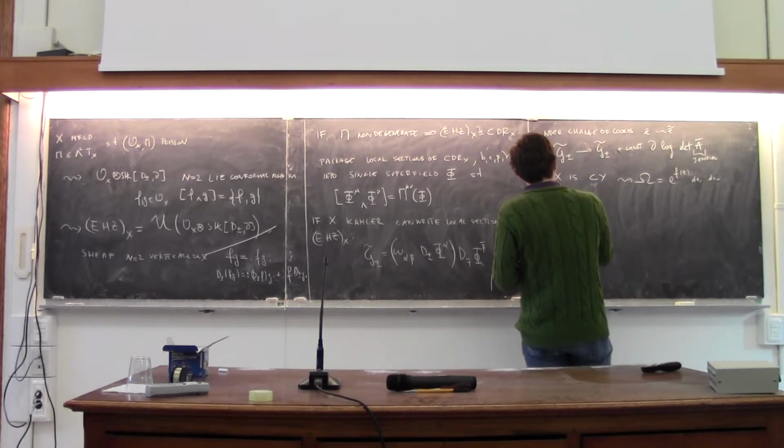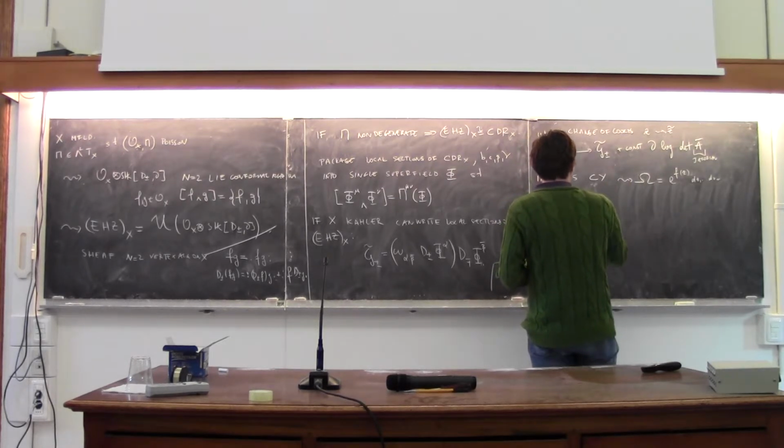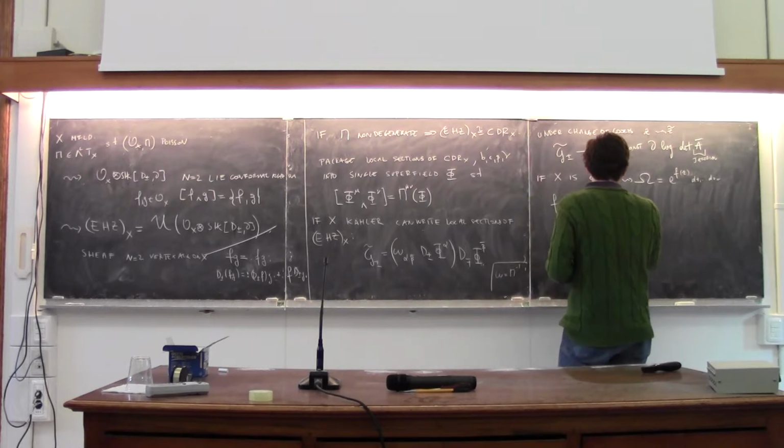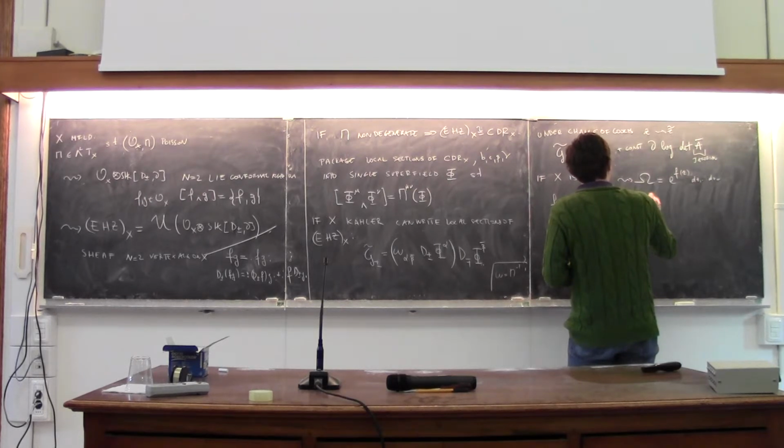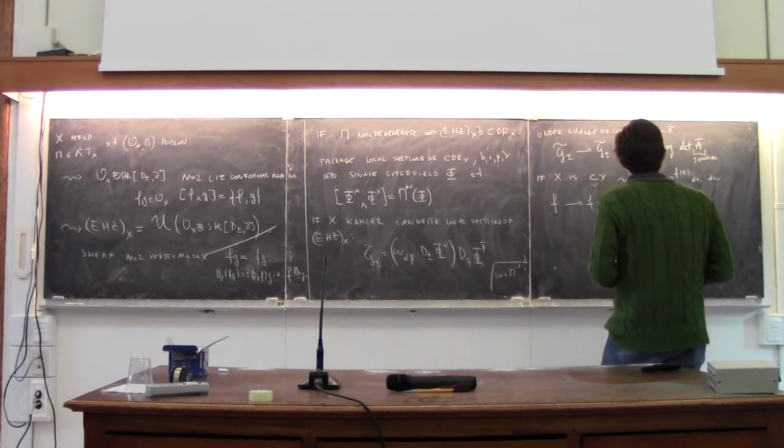Okay, so then what happens under this coordinate change is that f goes to f minus the derivative of the logarithm of the determinant of A, of course, just by change of variable formula.